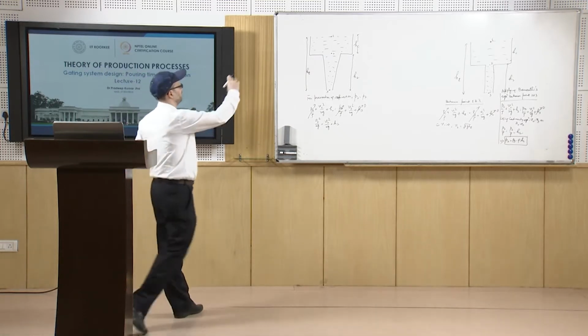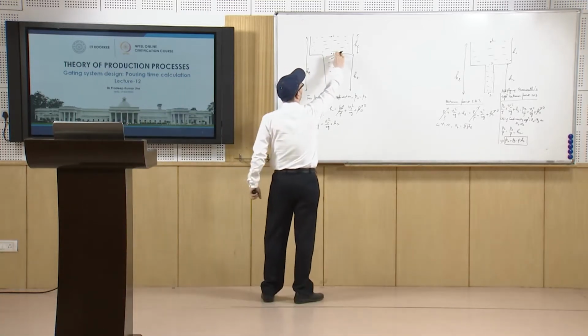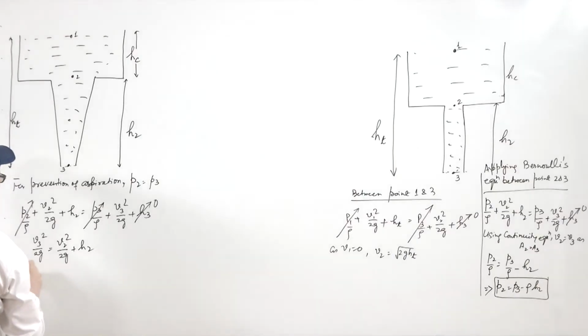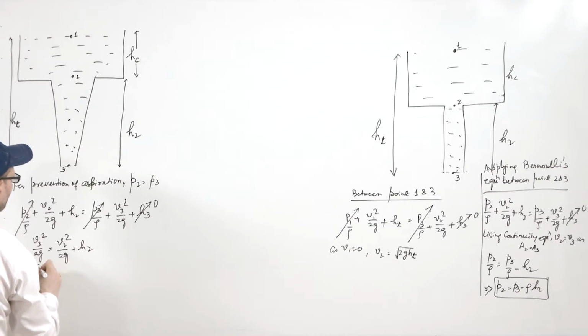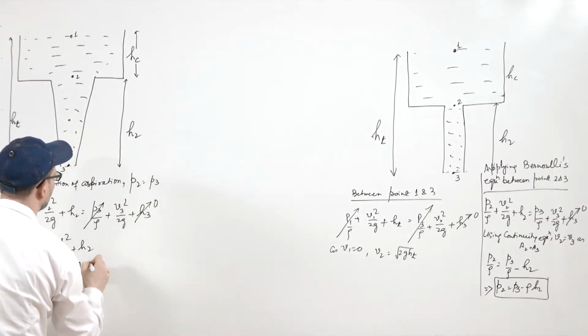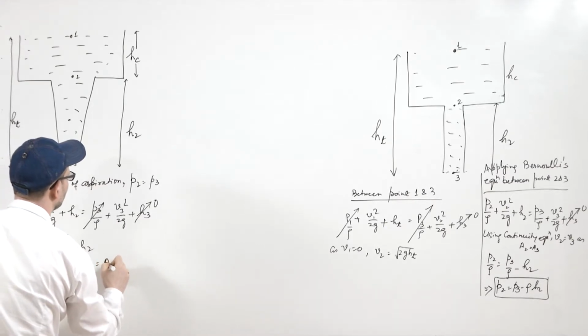Now, if the area here is A2, then using the continuity equation we get A2 V2 as A3 V3.